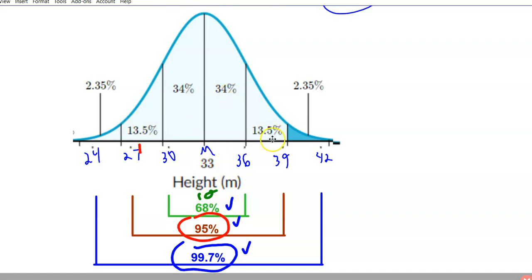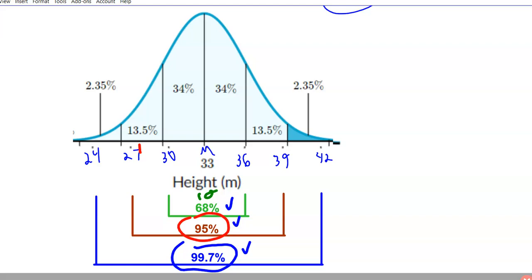Add in this 13.5 and 13.5, that's another 27. That adds up to 95. And then 2.35 and 2.35 is like 4.7. So 95 plus 4.7 is 99.7. So it's almost more helpful. Maybe you should write this in your notes to see each little piece there is kind of that certain percentage. So sometimes it's really helpful. We'll get to some questions where we'll actually use that in a second.